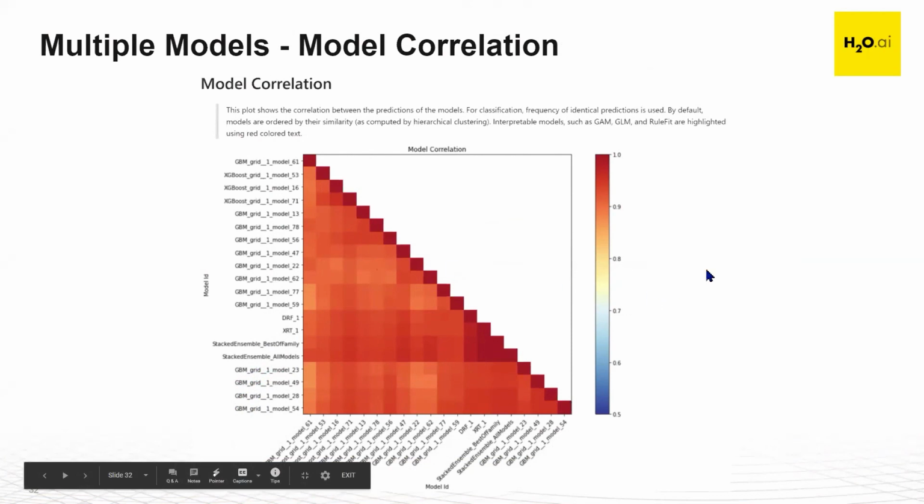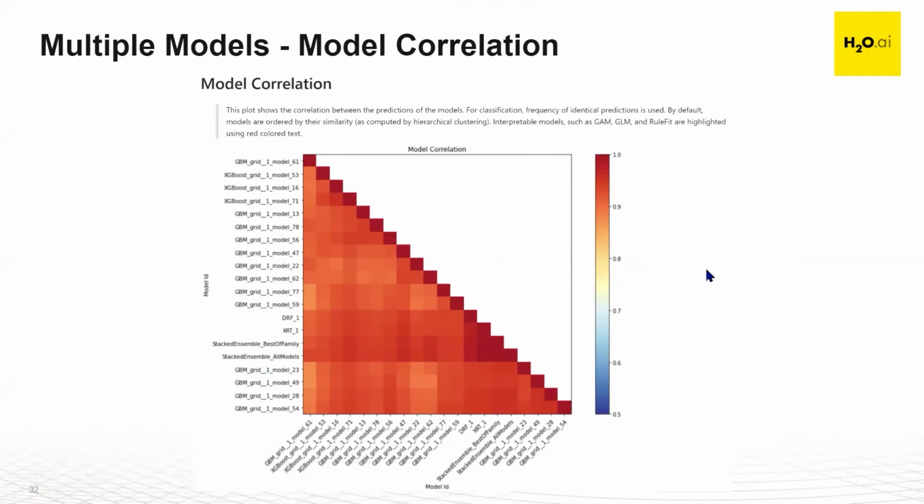If I had more time, maybe I would try to force the AutoML process to include different algorithms. So maybe a few more models from the deep learning side, maybe a linear model as well, to make the selection more diverse for the stacked ensemble. In my experience, that usually helps.